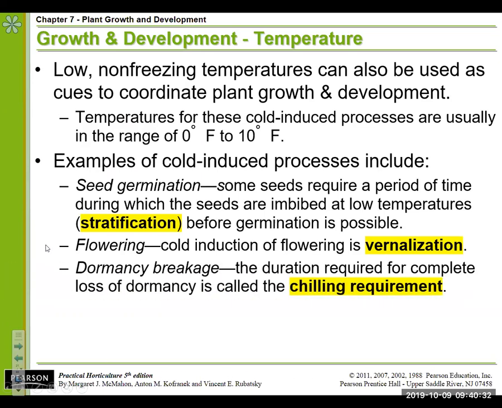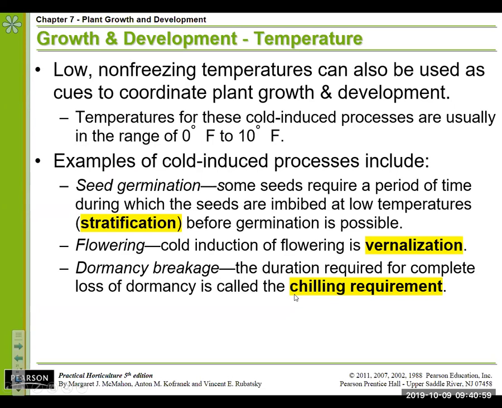We also have the dormancy breakage. So a good example of this is in fruit trees. The cold first causes them to develop their buds, and they have what we call a chilling requirement, and that's usually looked at in terms of chilling hours. So some people have actually tried to grow apples, for instance, in a greenhouse.